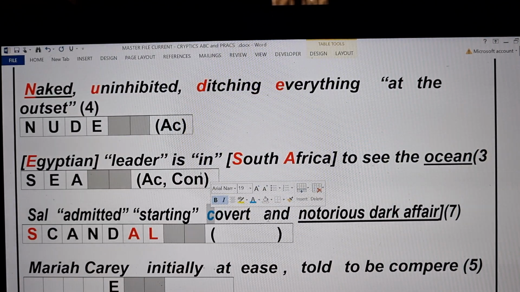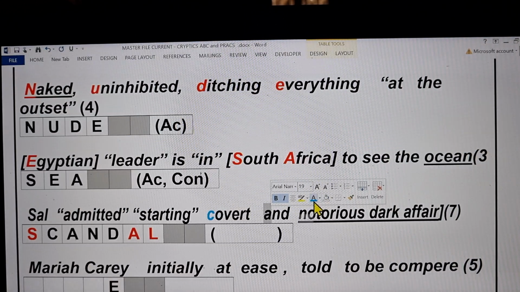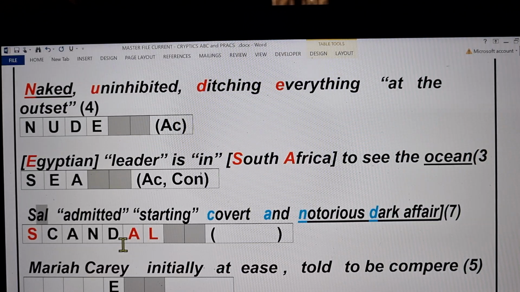Pretty blue, C. There's the A. There's the N. And there's the D. Well, there you go. S, CAND, AL. Got it? Scandal. So, what did we use? We certainly used acronym, and admitted is putting this inside, so it's a container. So a container and acronym. That's how I see it.